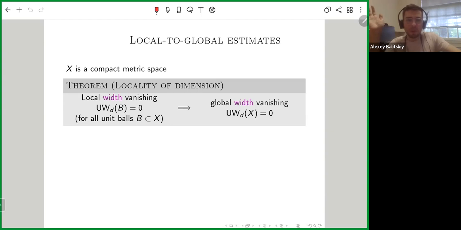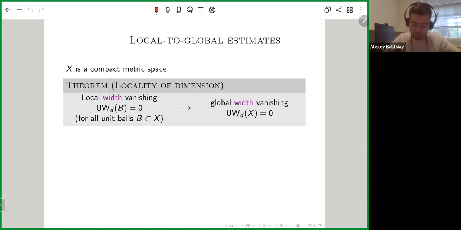The locality statement, in the form that I would like to use to compare it with some robust versions of it, is that if for any unit ball in your metric space its d-width is 0, then the global width of the entire space is 0 as well.